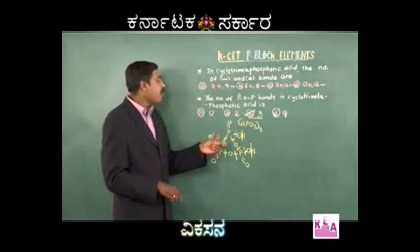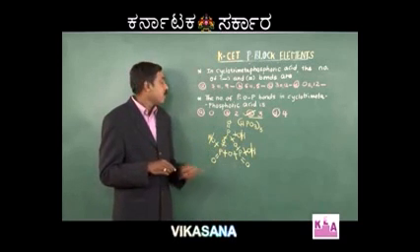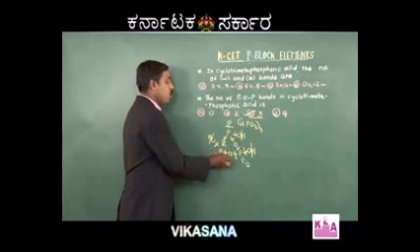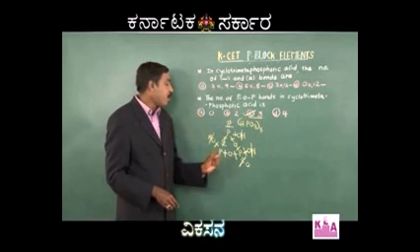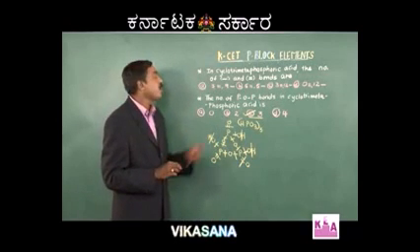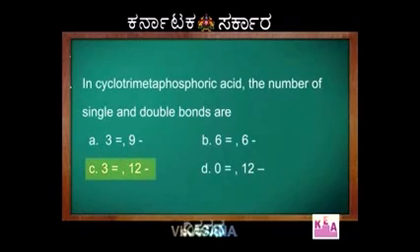Therefore, the total number of single bonds that I have in this is 12. The total number of double bonds that I have is 1, 2 and 3. Therefore, there are 3 double bonds and 12 single bonds. Hope you have understood. Therefore, the correct answer is option C, 3 double bonds and 12 single bonds.